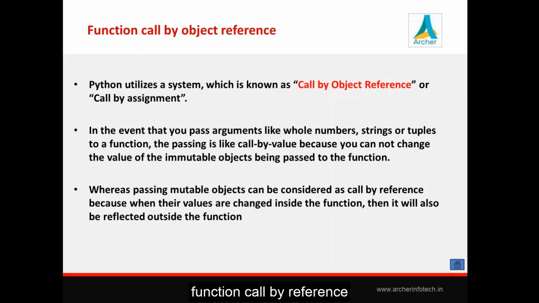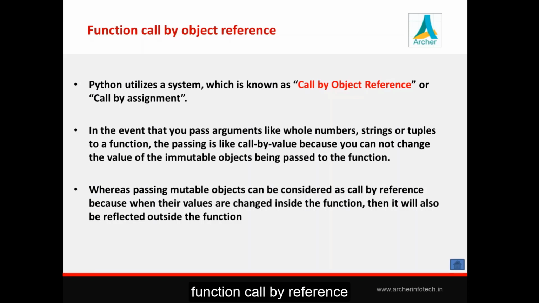See, previously we said that Python is an object-oriented programming language. So according to object-oriented programming, everything is an object. And in case of Python, you can say almost everything is an object. Like integer, float, string, list, tuple, whatever we have seen up till now, everything is nothing but an object. Among those objects, some are immutable and some are mutable.